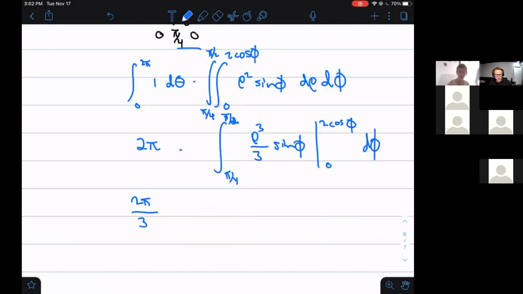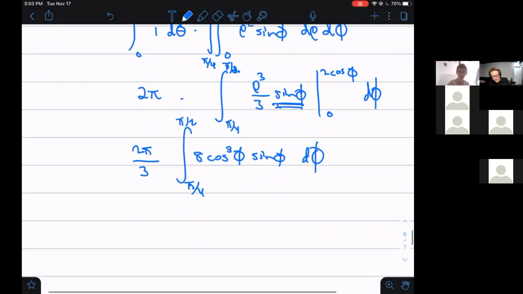When I take rho and I cube it, well, of course, if I plug in 0, you don't get very much, 0. And if I plug in this 2 cosine phi, we're going to get 8 cosine cubed phi. And of course, we have that sine phi hanging out there. Still need to integrate this from pi over 4 to pi over 2, d phi. We can take out that 8.